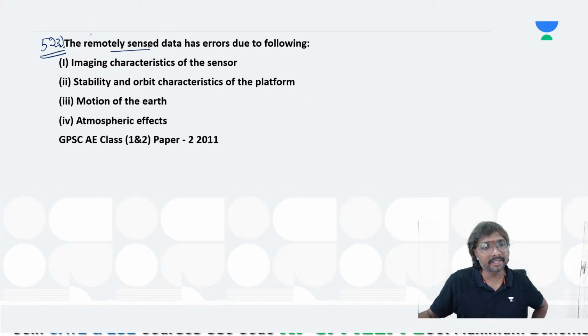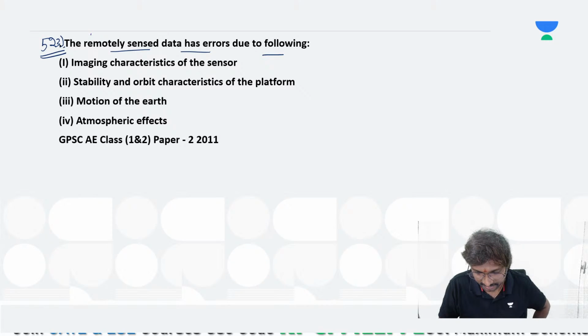The remotely sensed data has errors due to the following, right? Why will it have errors? If you just observe, you can say why. What is the reason? Imaging characteristics of the sensors.